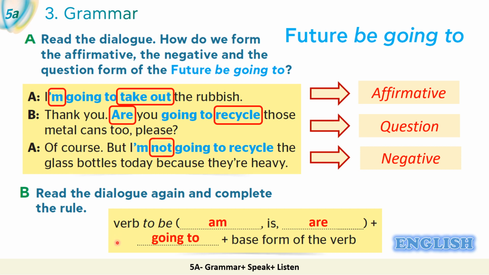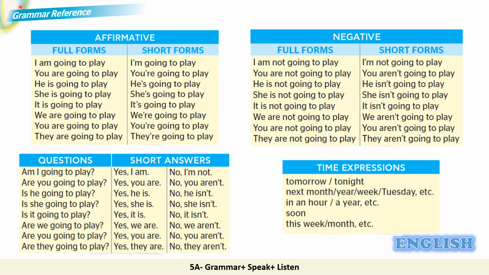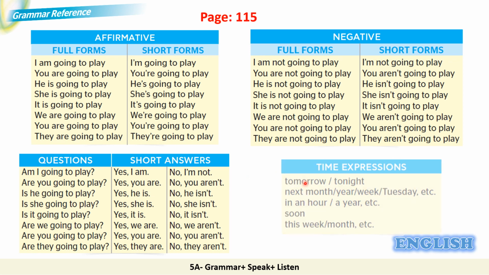Followed by going to plus base form of the verb. Well done, everyone. You can check the grammar reference page at the end of the student book on page 115 for more details. And pay attention that the question type here is a yes/no question. And pay attention to the time expressions as well.